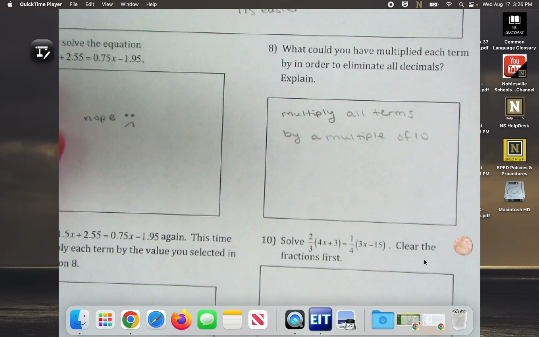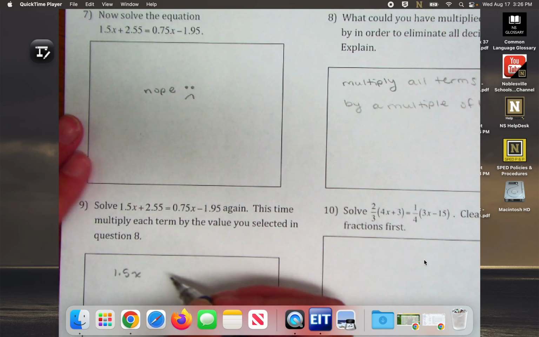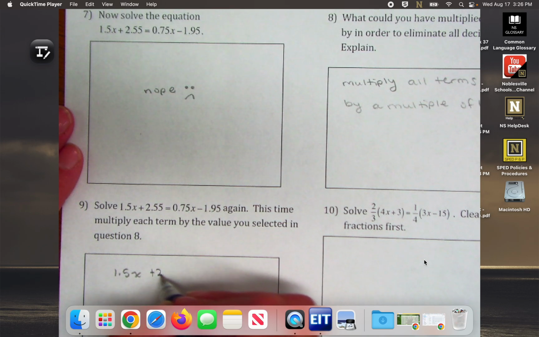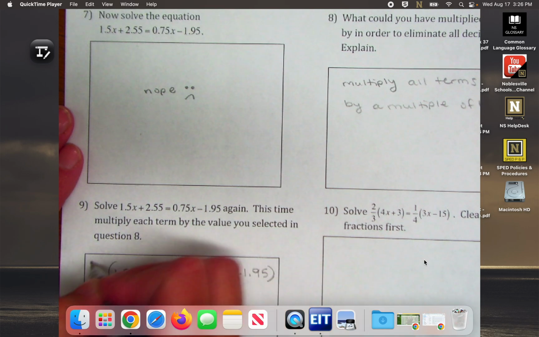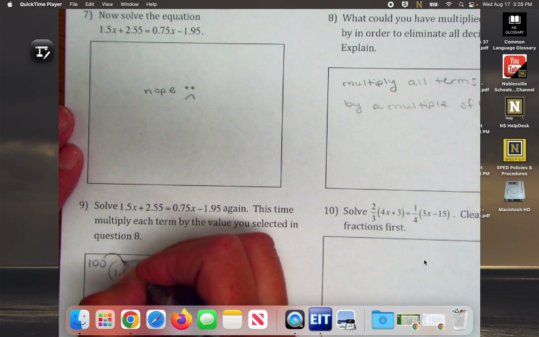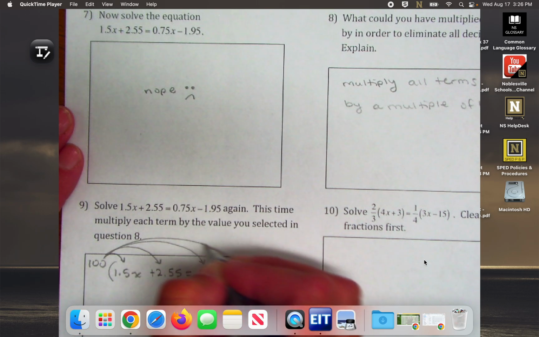Okay. So what this is going to look like is 1.5x plus 2.55 equals 0.75x minus 1.95. All of the terms get multiplied by 100.